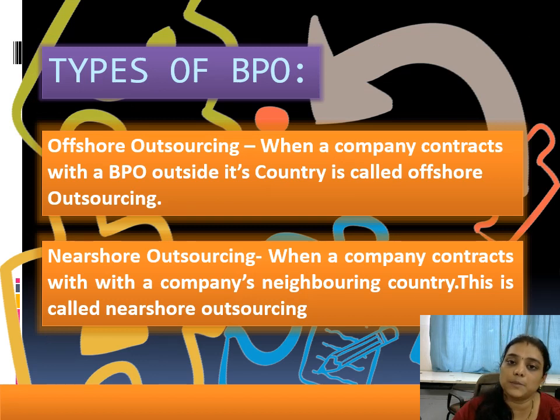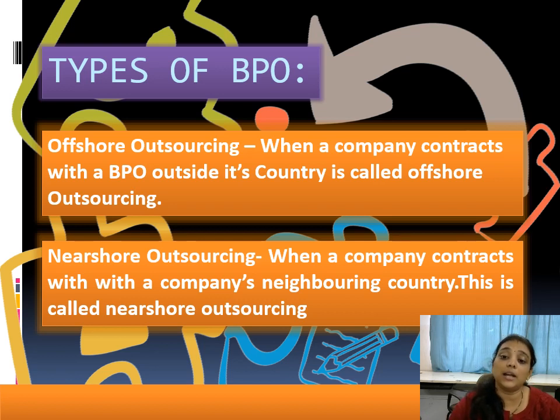What are the types of business process outsourcing? Business process outsourcing can be done within the country, right? But even if I want to do it within the country, I can hire agencies outside the country also, and with my neighboring countries also.